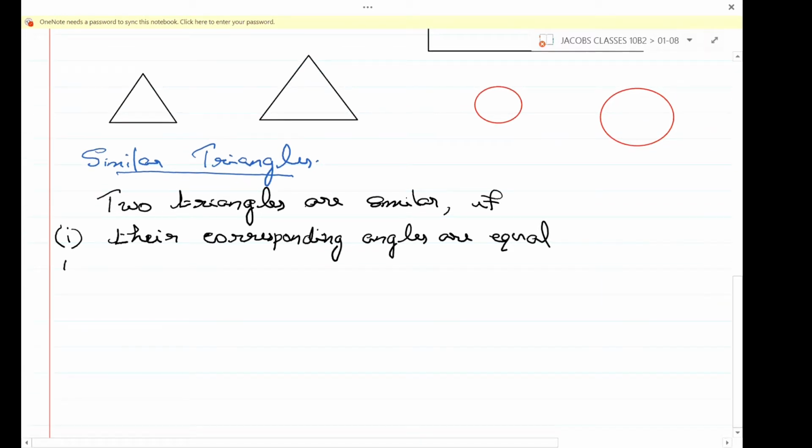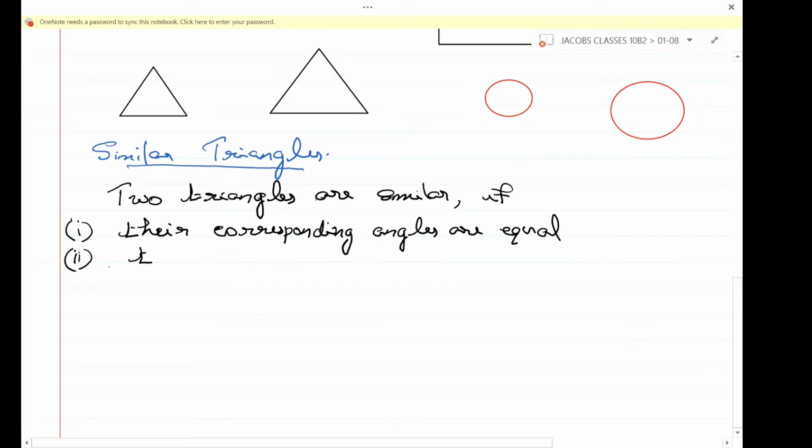Point number two, their corresponding sides are in the same ratio or proportional. Their corresponding sides are proportional.